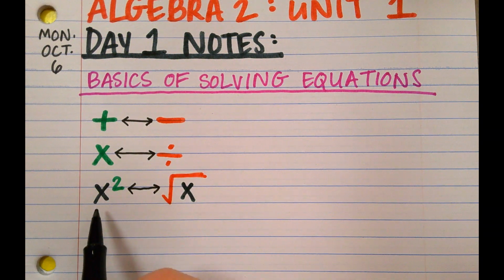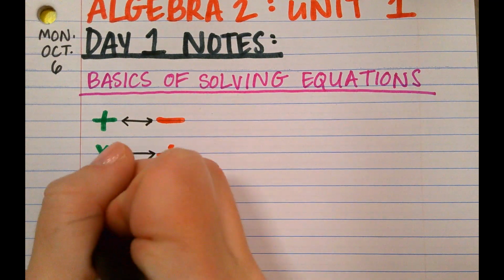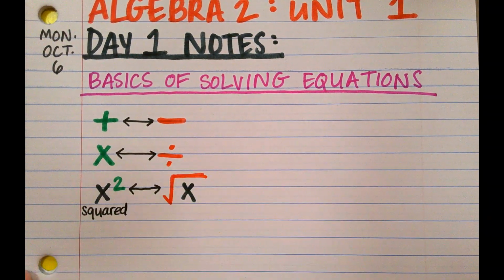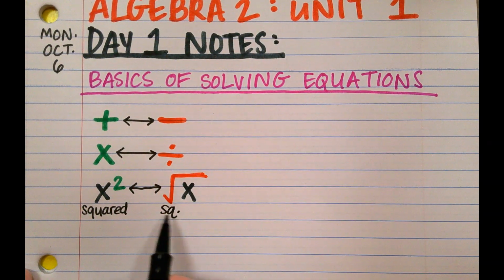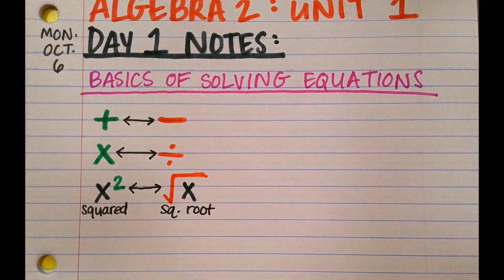And I'm going to call this squared and square root. So I'm going to write that. Squared. And I'm going to abbreviate square here. Square root. Just because these are probably the newest operations that we're looking at today.